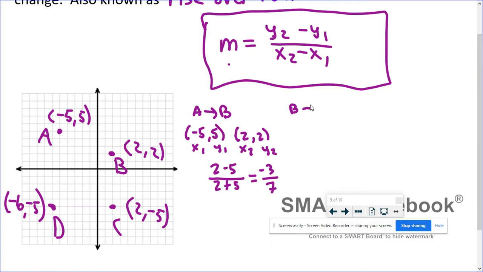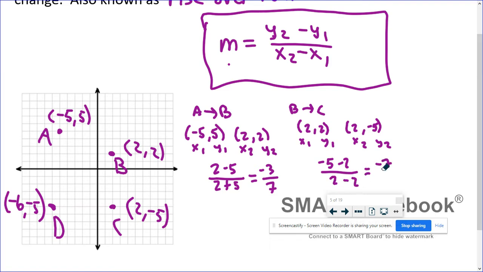I believe the next one is from B to C. So what is the slope between those two ordered pairs? Again, I have my ordered pairs 2, 2, and 2, -5. This is my x1, this is my y1, this is my x2, this is my y2. y2 minus y1 will be -5 minus 2. x2 minus x1 will be 2 minus 2.